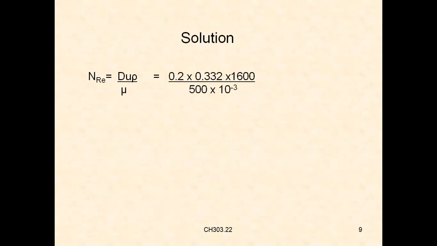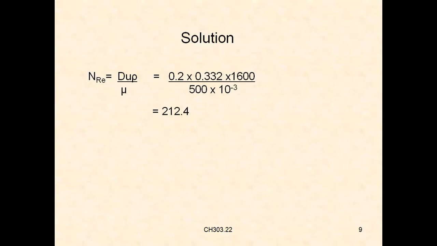Now we have to calculate the value of Reynolds number so that we know the type of flow. Reynolds number NRE is equal to d u rho by mu. D is the diameter of the pipe 0.2, velocity 0.332 into 1600 divided by 500 into 10 to the power of minus 3. The calculated value of Reynolds number is 212.4.